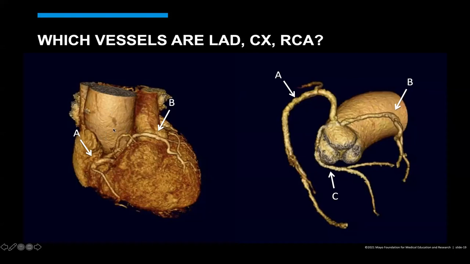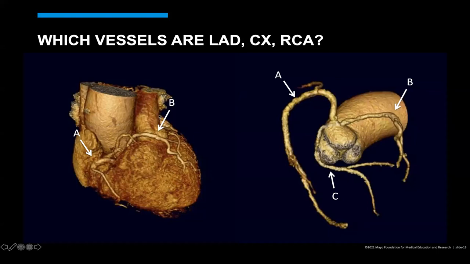And so if you're thinking about when you're looking at a chest X-ray, the apex of the heart is always on the left, and then the ascending aorta is going to come out laterally towards the right. And then on the left side of the heart, you have the left pulmonary artery.